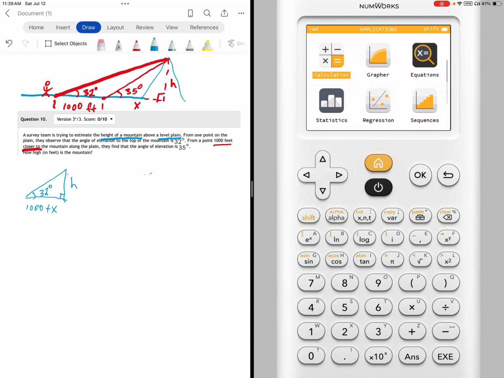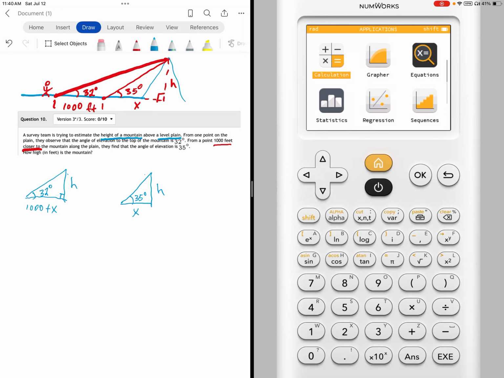The other triangle, again, these are not really drawn to scale. I can't draw the difference between 32 and 35 very well. This 35-degree triangle still has a height of h, but the base is only from that point to the center of the mountain, which is just x.